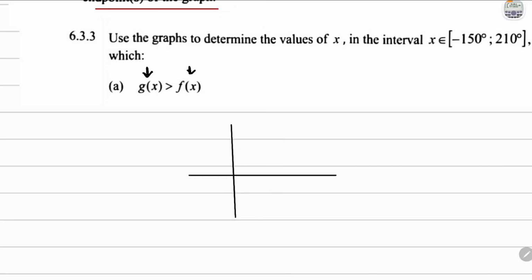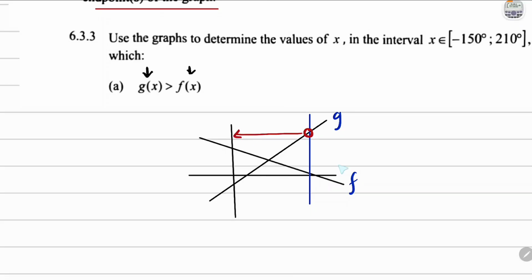So if you have a graph like this and you have another graph like that, and we are looking at the y values of this graph, just remember it is for that same x value. Let's say this graph's name was g and this was f. Then if I'm asking for places where g of x is greater than f of x, I'm really just asking for places where the graph of g has a higher y value than the graph of f.